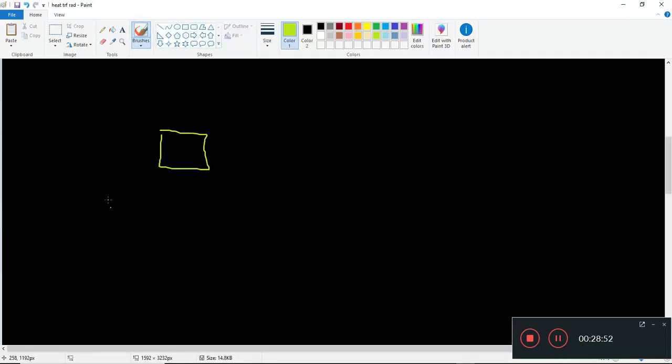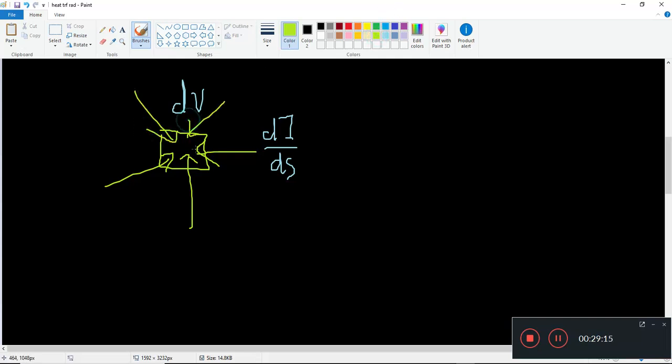Okay, let's say you have this volume dV, and I want to integrate DIDS. So we have the divergence of this DIDS across all the dVs. So I want to integrate this quantity over all the solid angles across dV.